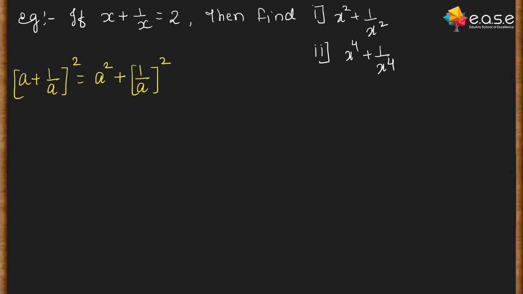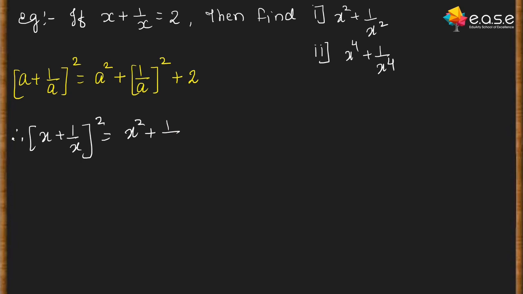So if you directly use this formula here, what are you going to get? Okay, so therefore we can say that we have been given x plus 1 by x. If you square this, we will get x square plus 1 by x square plus 2.